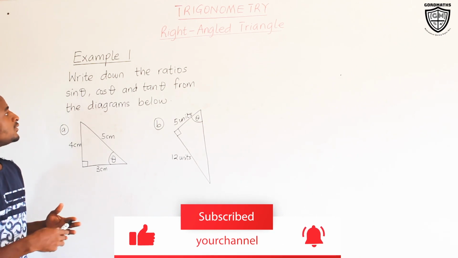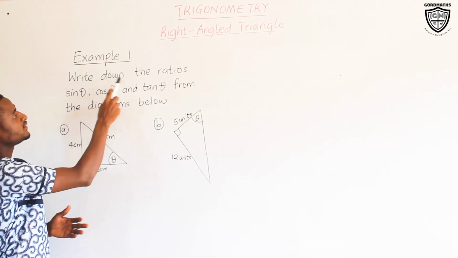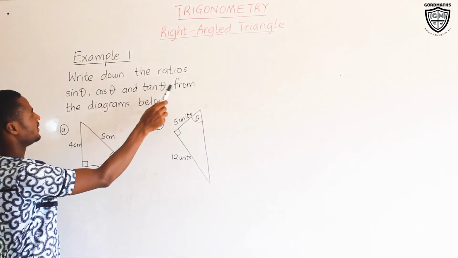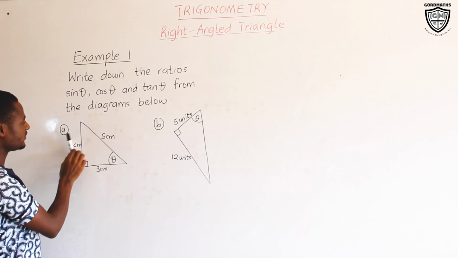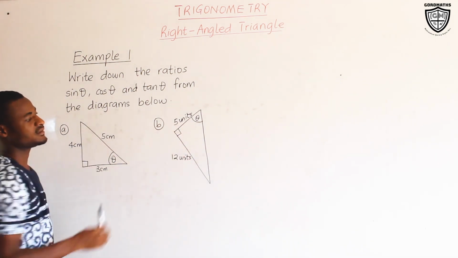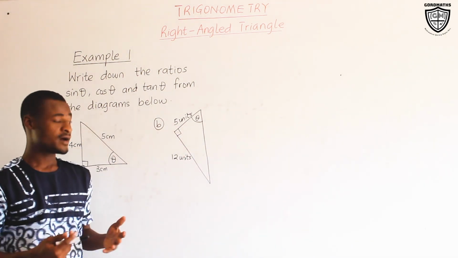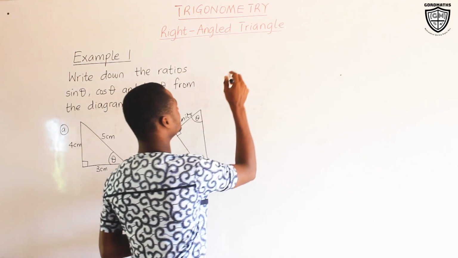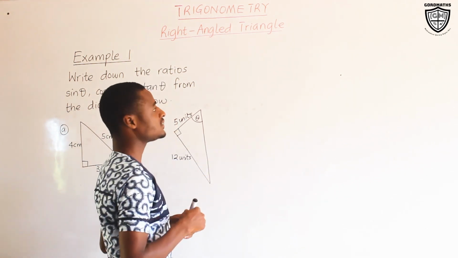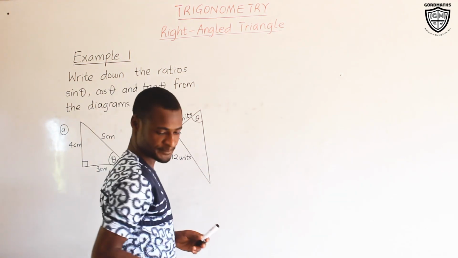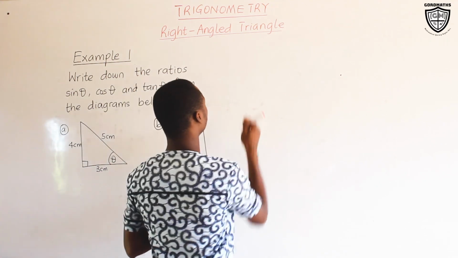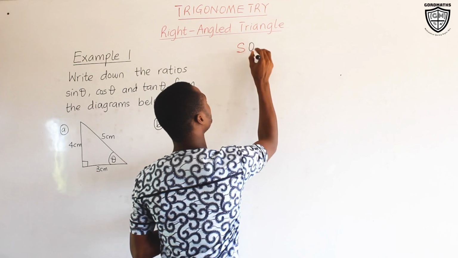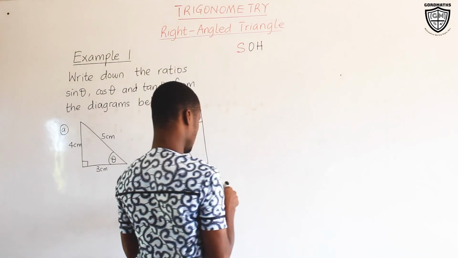In this example, we have to write down the ratios sin theta, cos theta, and tan theta from the diagrams below, the diagram A and the diagram B. Now we have already established that given any right angle triangle, the basic trigonometric ratios are the sine of the angle is equal to the opposite divided by hypotenuse.